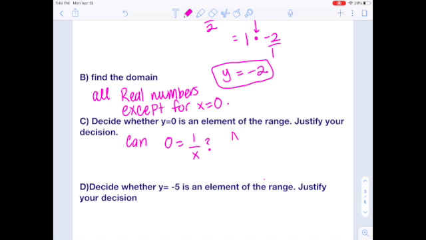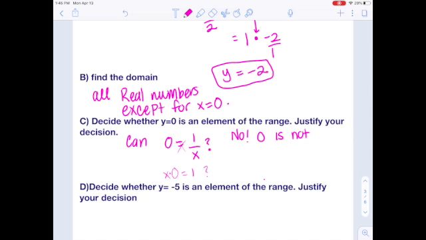The way I see it is no. And it's because there's no input that will produce an output of 0. So if you cross multiplied here, you would have 0 times x is 0, and then 0 is equal to 1, right? So 0 times x, is that equal to 1? And no, that's not even possible.